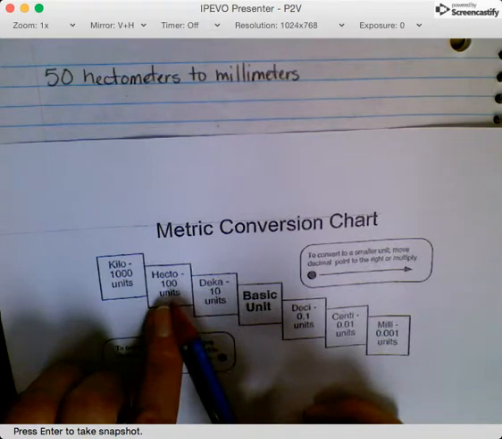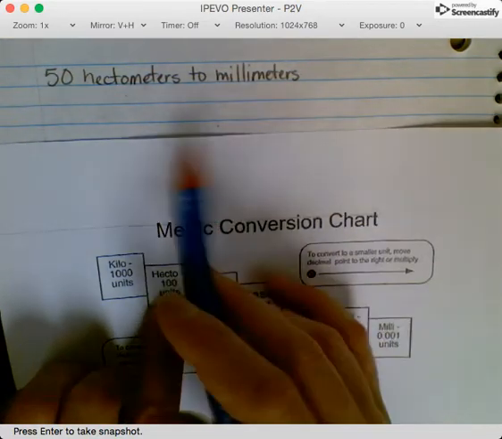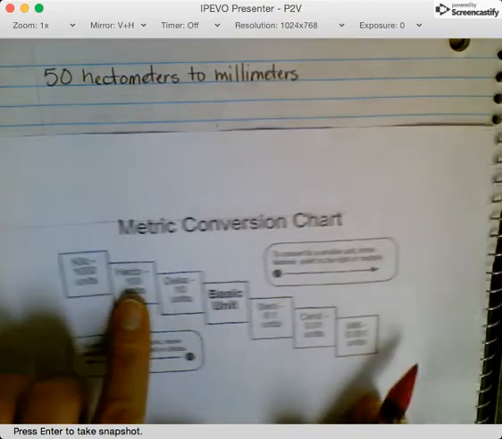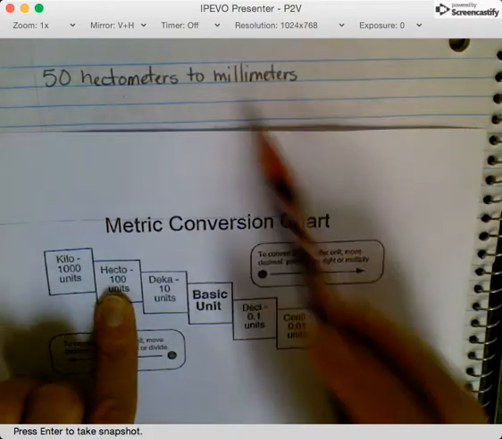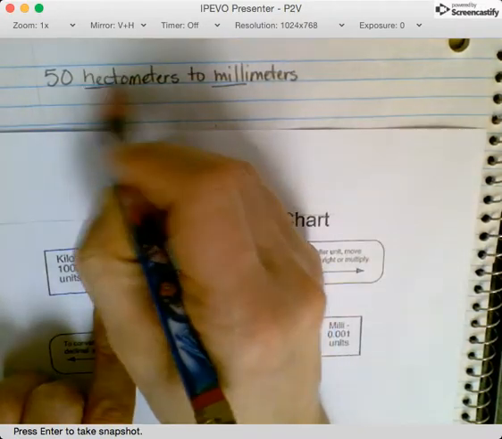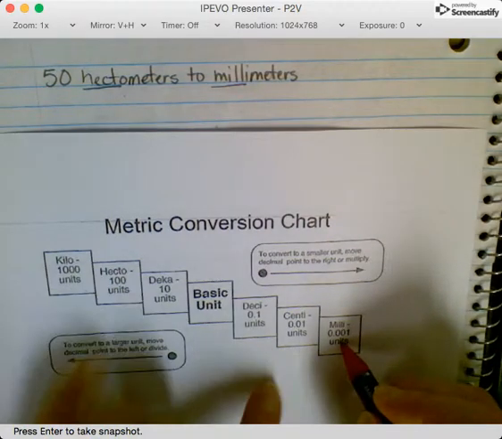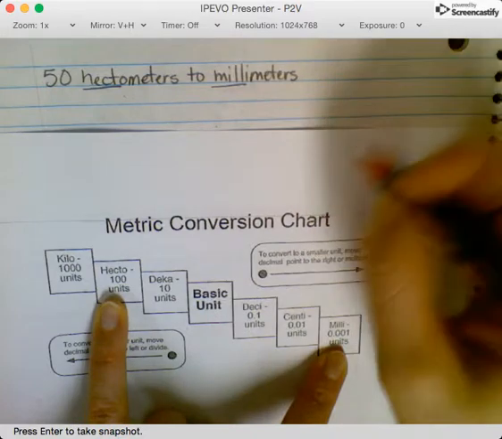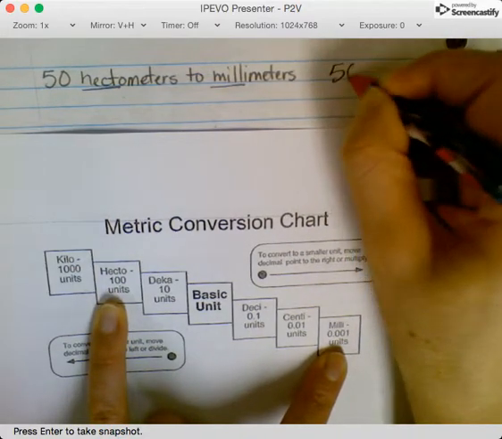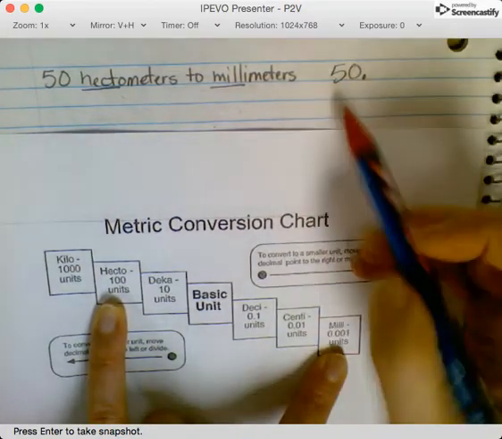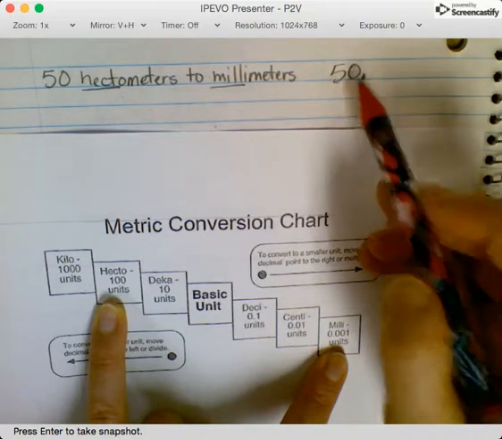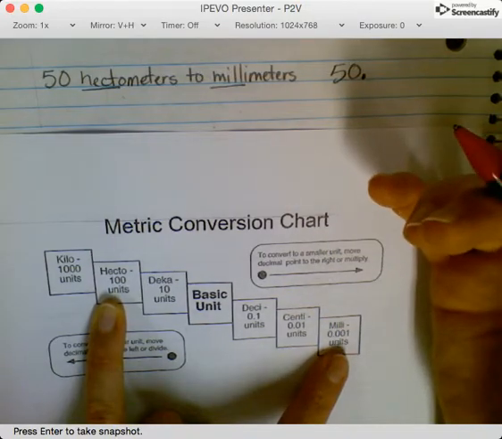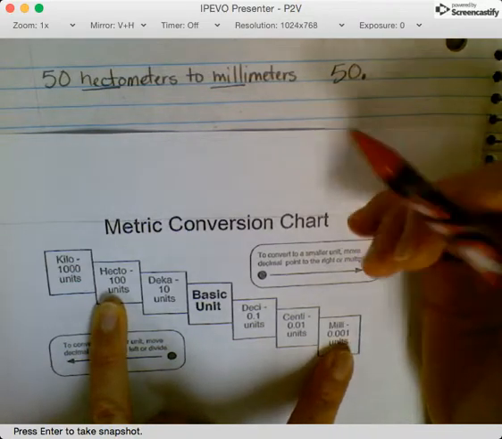So I look at hecto here, and I want to go to millimeters, which is milli, and that's over here. My next step is to look at my number as a whole number with an imaginary decimal point. If it already has a decimal point, then you can use that.